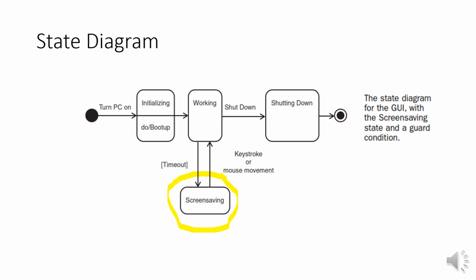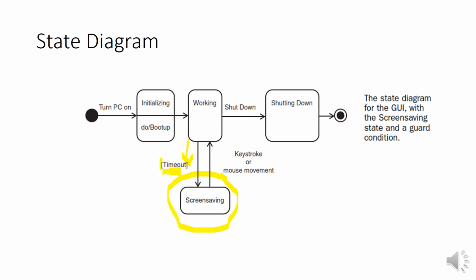So if enough time passes without any user input, the GUI transitions from the working state into a screen saving state. This timeout is the guard condition mentioned in the brackets.